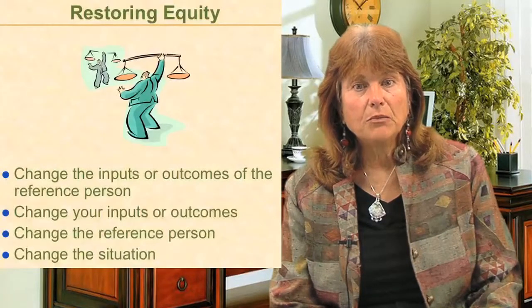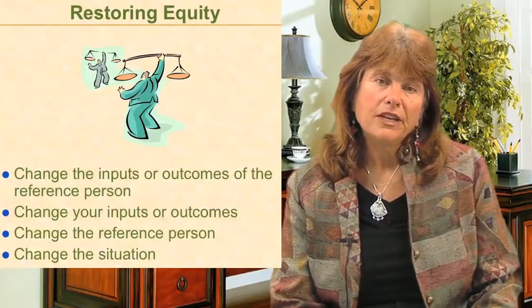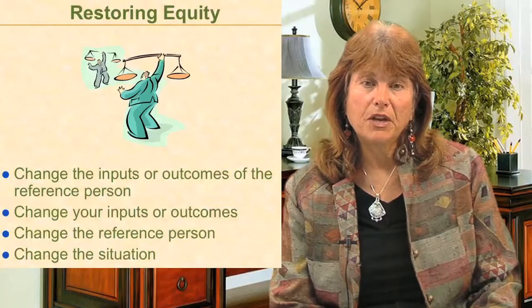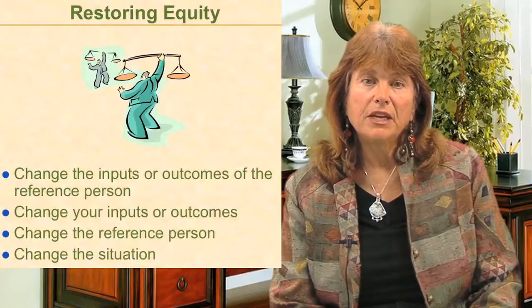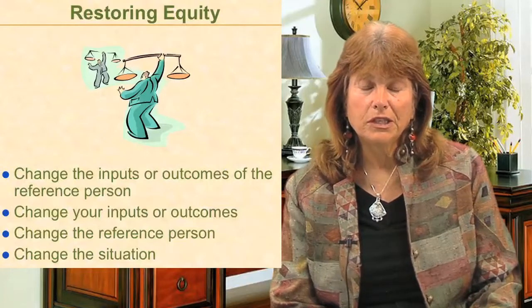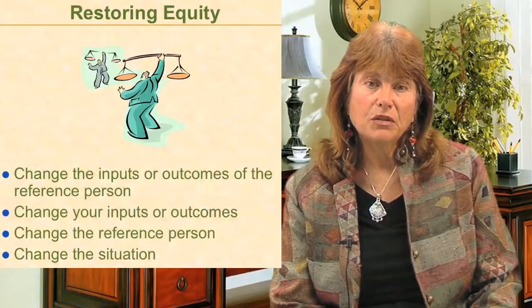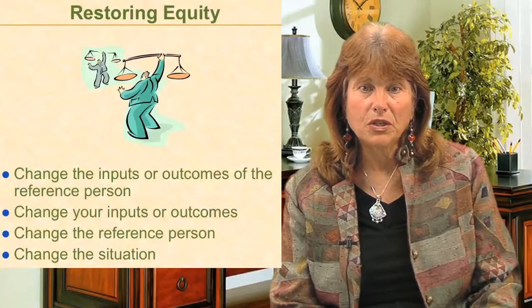The way to restore equity is to change the inputs or outcomes from the reference person, or change your own inputs. If I see that somebody's making more money than I do for the same kind of job, I might actually work less. Or if I see that I'm making more money than the other person, I might feel a little guilty and actually might work harder. So you have to look at the situation and make sure that people still perceive it as an equitable situation in the organization.